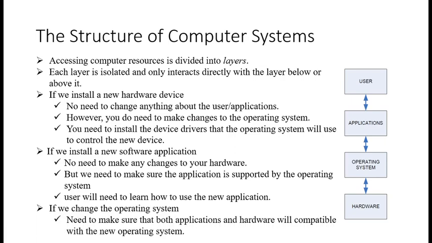If we change the operating system, we need to make sure that both the application and the hardware will be compatible with the new operating system. Okay, so that means, when we want to change the operating system, can we change it?